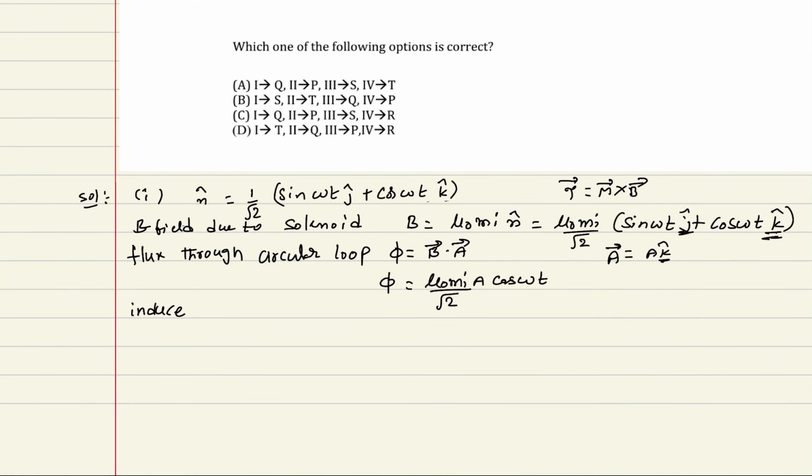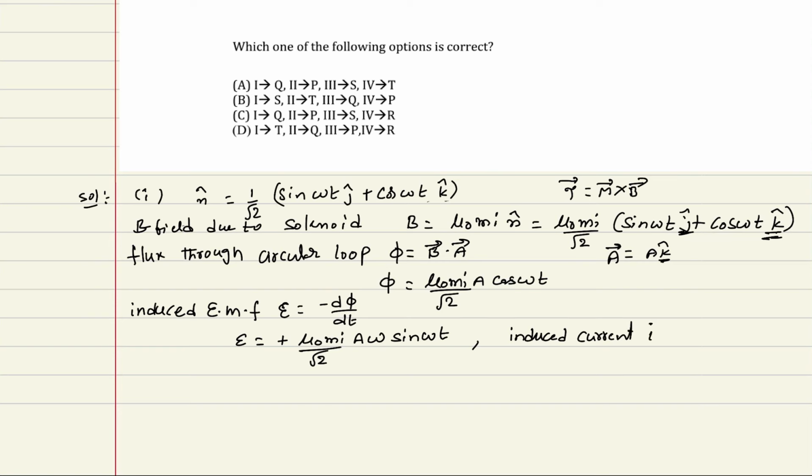Now we can write the induced EMF. Induced EMF E is equal to minus d phi by dt. Substituting, the differentiation of cos omega t is minus omega sin omega t, so we get plus only: mu naught m I divided by root 2 into A omega sin omega t. Now calculate the induced current.